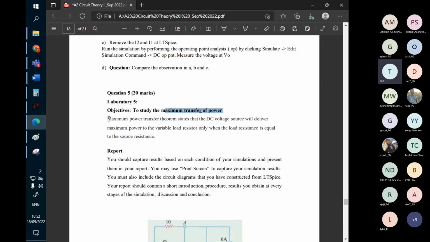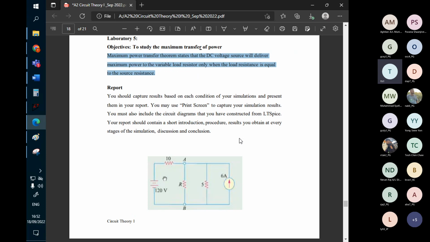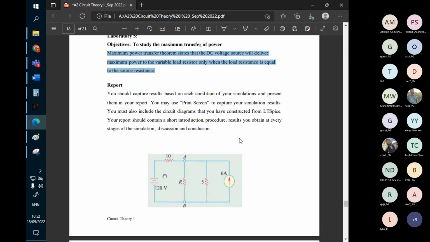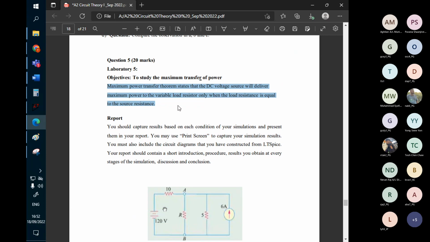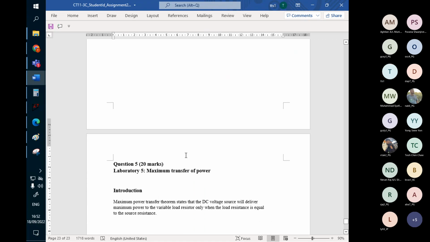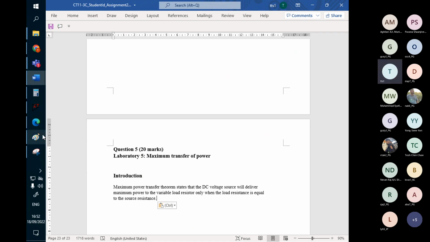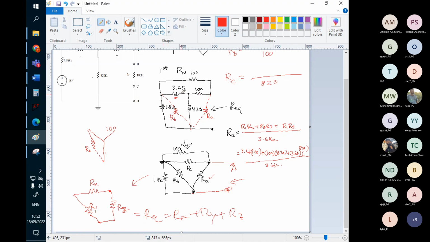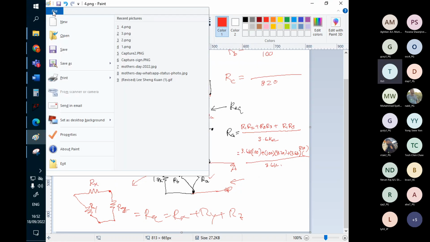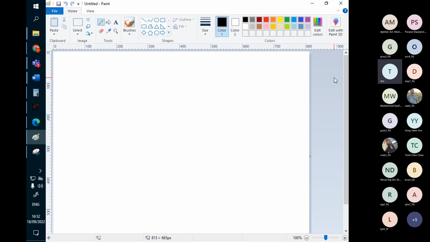Maximum power transfer. Let me give you what the maximum power transfer is. It's temporary, just borrow it. Okay, let me explain to you what happened here. So you see, what maximum power transfer means is that assume you have a circuit like this.